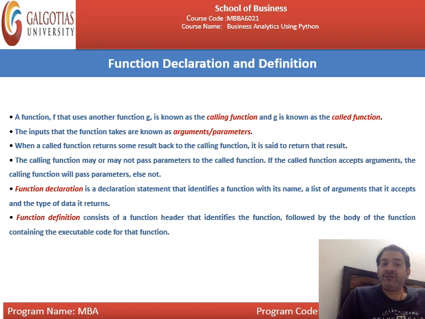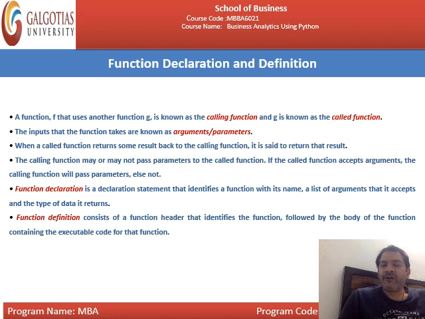The used function is called the called function and the using function is called the calling function. The inputs that the function takes are known as arguments or parameters. Within the brackets, what you have written you can call the arguments or parameters. When a called function returns some result back to the calling function, it is said to return that result.